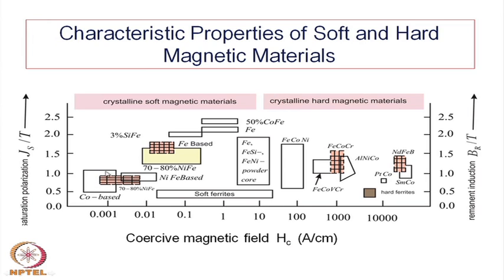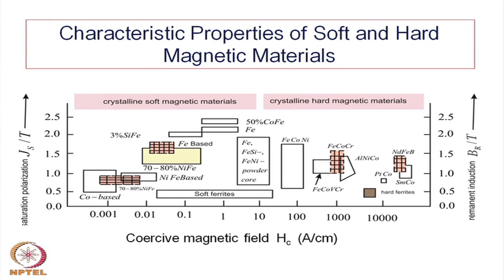For example, here these are cobalt based, these are metallic ferromagnets, these are different alloys. This is nickel, 70 to 80% nickel iron, because the three most important ferromagnetic materials are cobalt, iron, nickel, and many of their alloys.